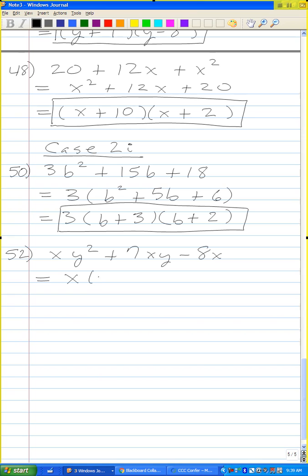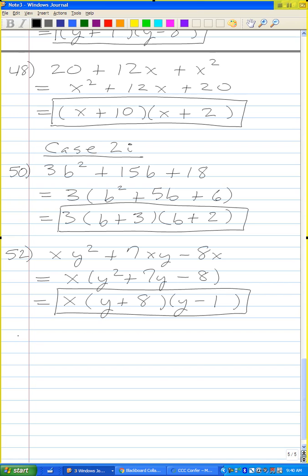So I have x times y squared plus 7y minus 8. Well, now that I've done that, what's in the parentheses is a monic polynomial, so I can factor using the above techniques. Drop down the plus times minus is minus. I want to find two whole numbers whose product is 8 and whose difference is 7: 8 and 1. Put the larger factor 8 first.